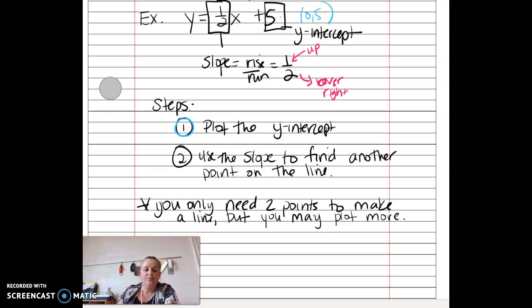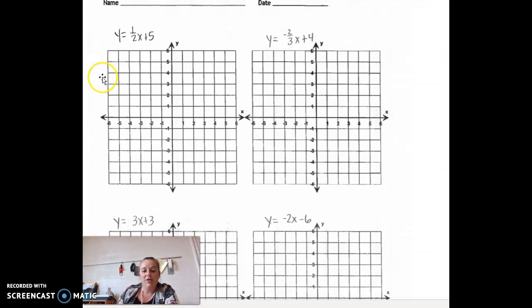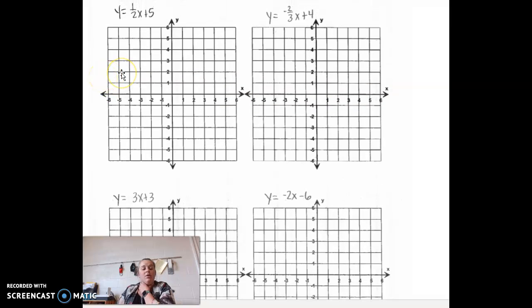All right, so you should all have received a piece of paper that looks like this. We're going to glue that into your notebook, and we're going to practice graphing this. So our y-intercept, I did in blue, was this 5. I'm going to go 0, 5. This is my y-intercept. Make sure you're on the y-axis when you plot that.